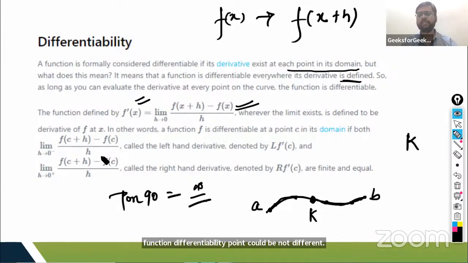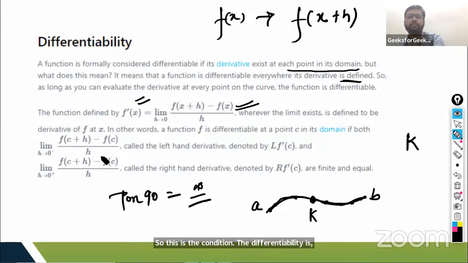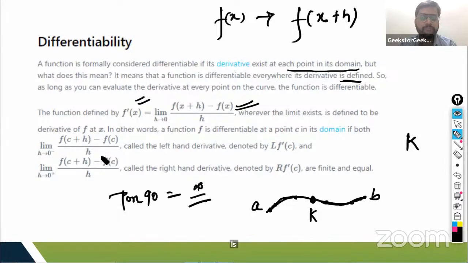That differentiability is always defined throughout its entire domain is not absolutely true. There you have two examples, the sine function and the tan function. So through this we check at which point the function is differentiable and at which point the function is not differentiable. इस पेज में कोई दिक्कत है तो बताइए. If you have any doubt in this page, please ask.